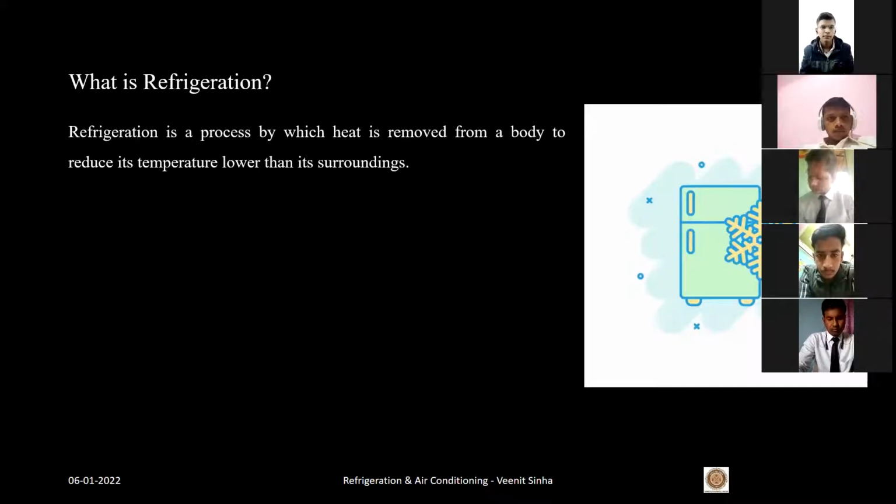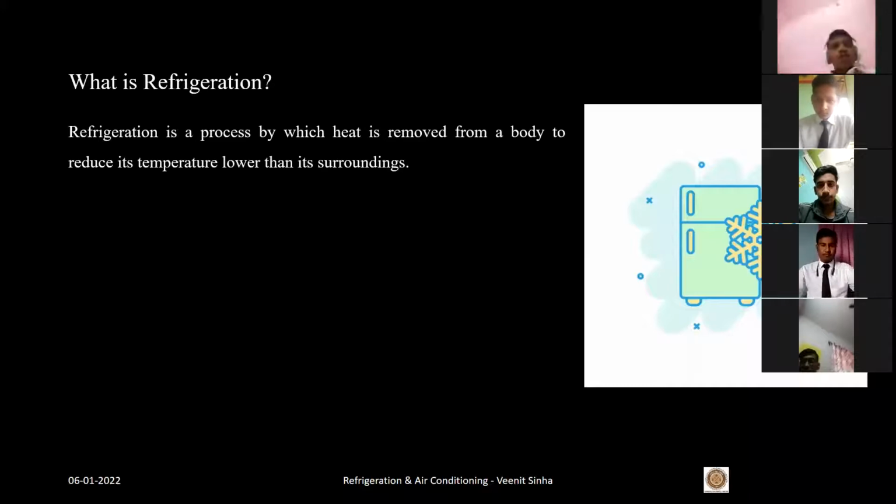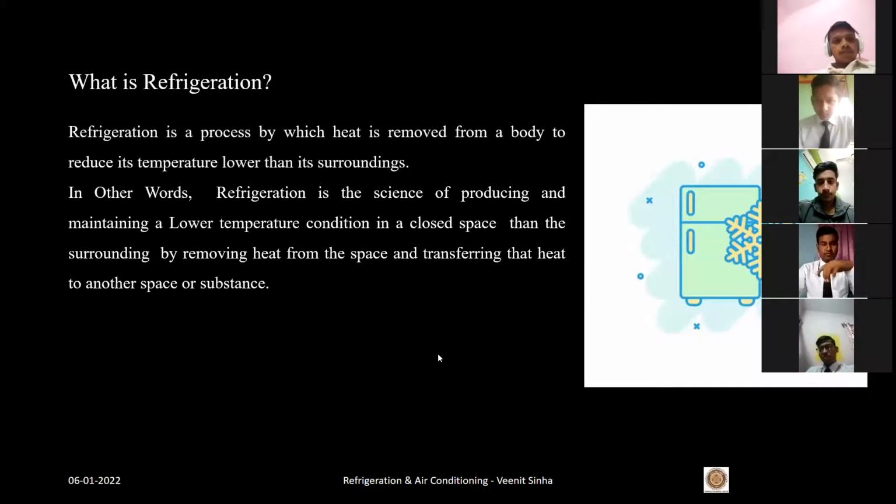Suppose this particular cabinet: we have removed the heat from inside this cabinet, and it becomes lower than the surroundings. बाहर का जो environment है, बाहर का जो टेम्परेचर है, उसके कंपैरिजन में जो अंदर का हीट है वो कम है. हमने क्या किया, हीट को एक्सट्रैक्ट किया और हीट को एक्सट्रैक्ट करके बाहर फेंक दिया या एब्जॉर्ब कर दिया. ठीक है. So that particular science is called refrigeration.